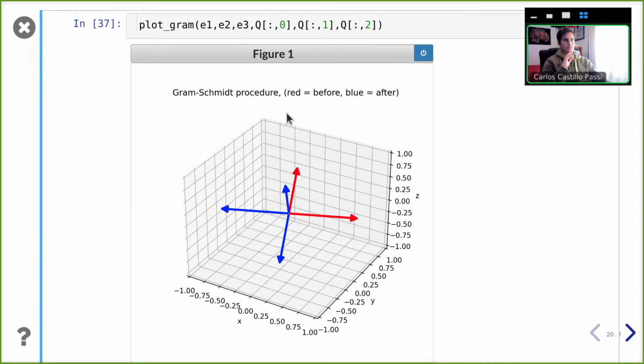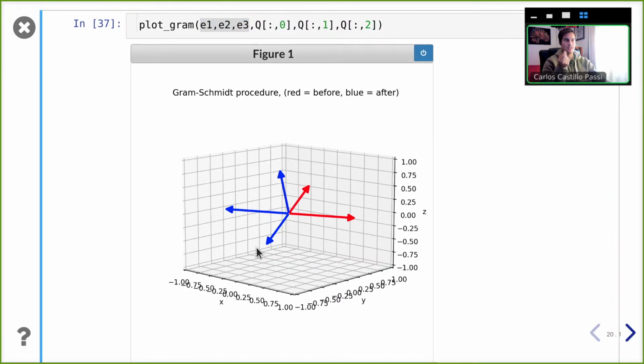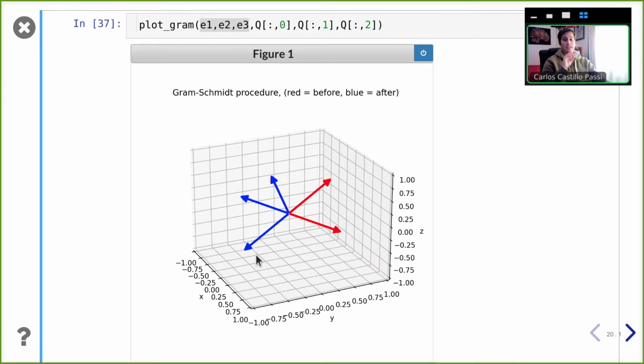Okay, so the vectors in blue are the results of our Gram-Schmidt procedure, and the vectors in red are the results of the Q matrix, of the QR decomposition. And as you can see, they are basically the same. The only thing that could be different is the direction of the vectors.